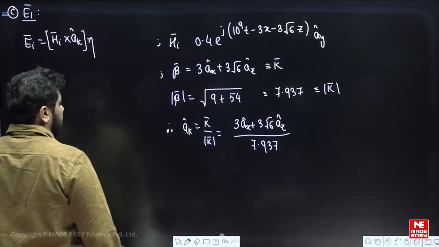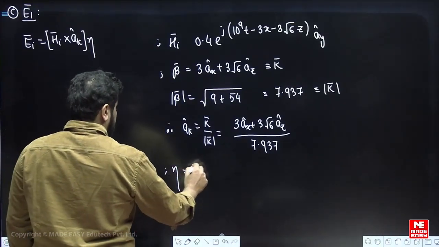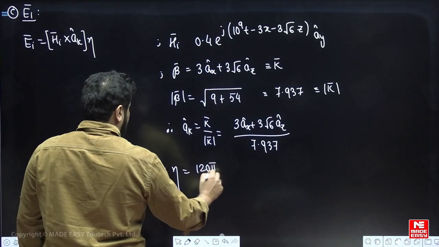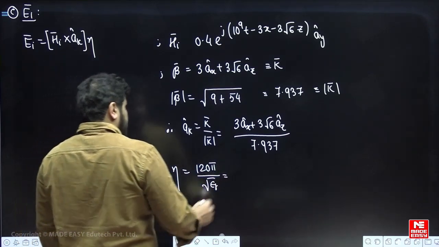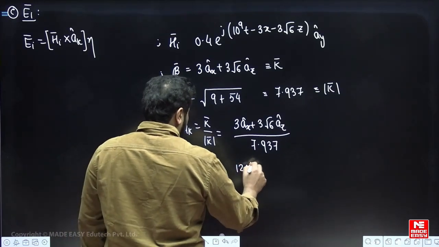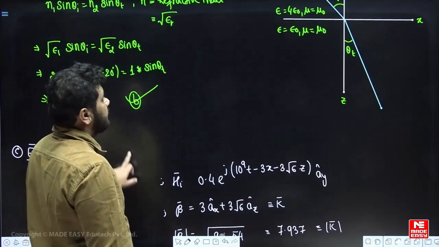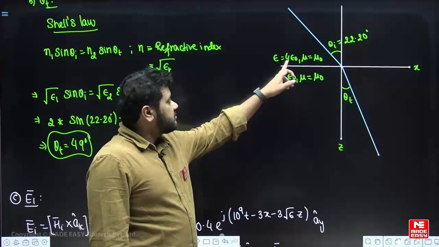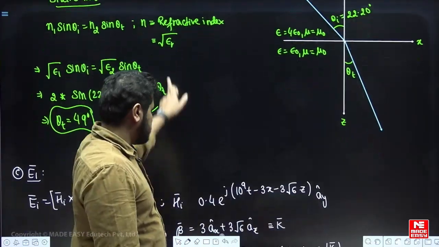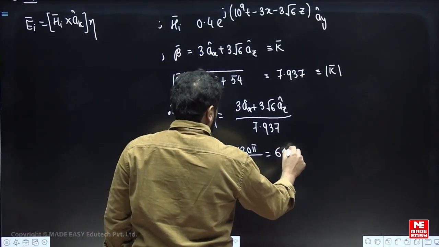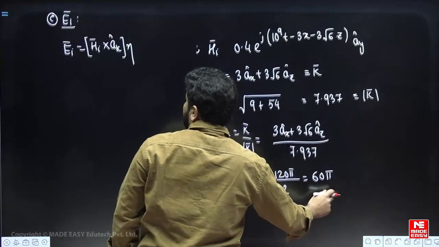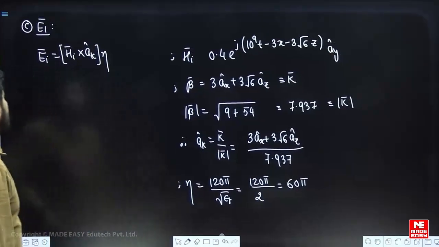Now we have to find the value of eta. In the medium, eta is 120 pi upon root epsilon r, because mu is equal to 1. How much is epsilon r? It is in the first medium, the incident medium, so it is 4, root 4 is 2. So this is 60 pi. So I have got all the values. Now I need to substitute these values in this particular equation.